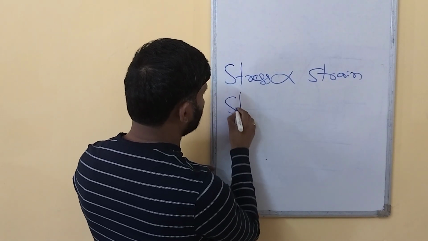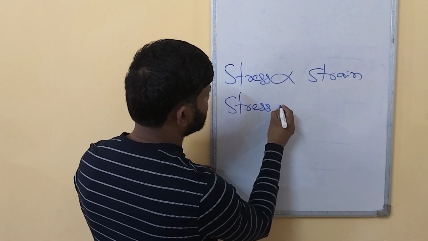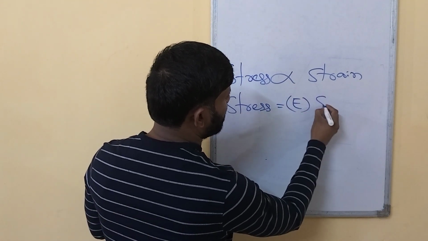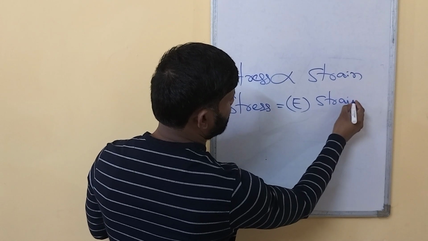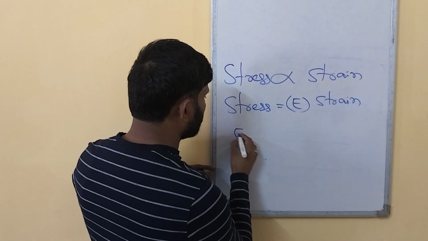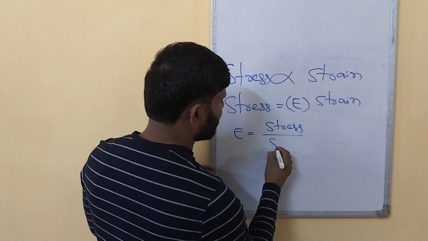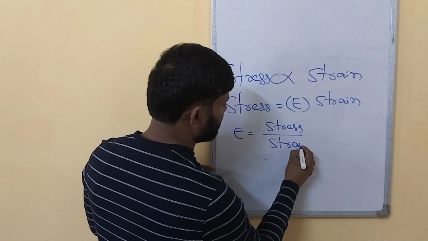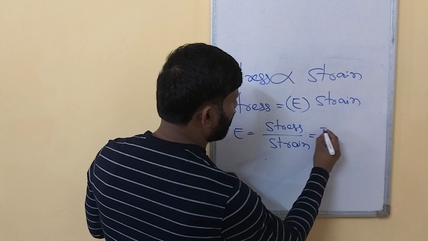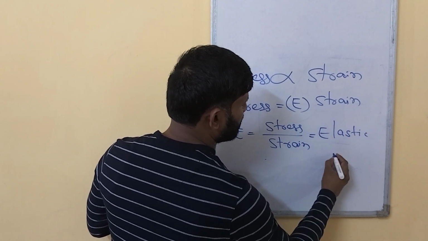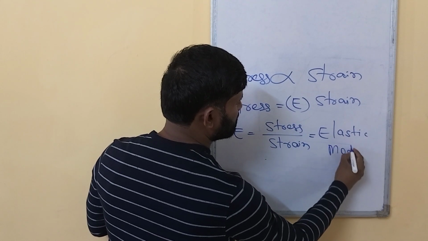So stress is equal to, you can write one constant E into strain. Then E is equal to stress by strain. This E I am calling elastic modulus.